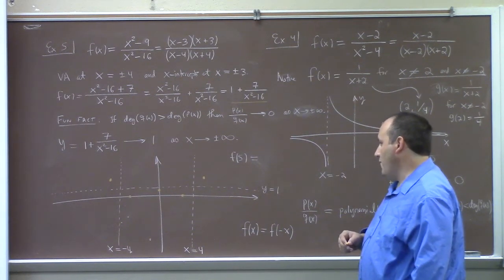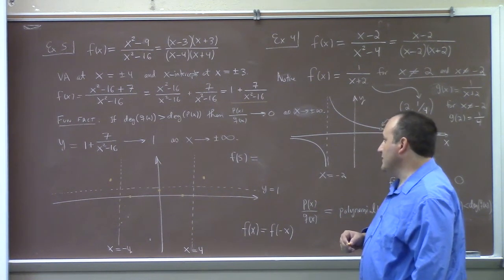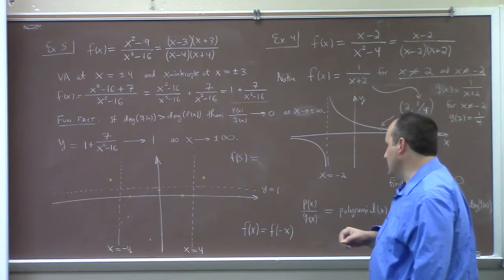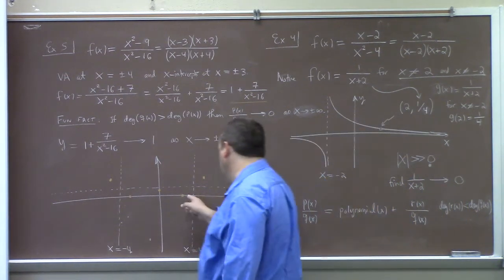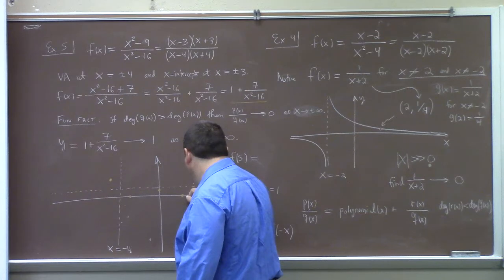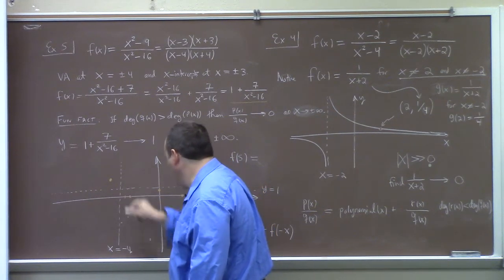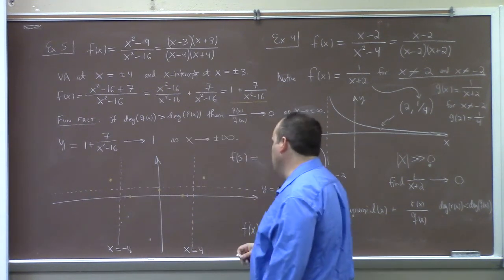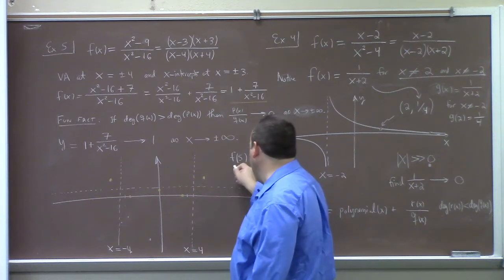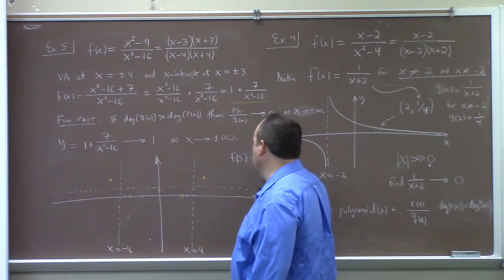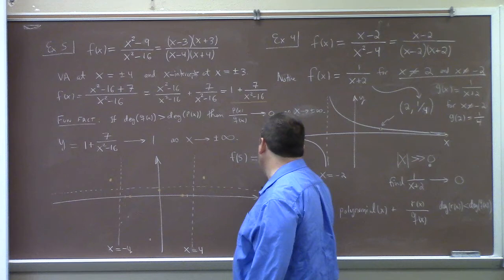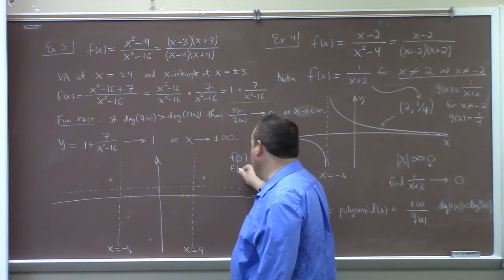And what happens if we plug in, I'm curious what happens right in here. What value should I test there? So f of 5 was like 1 plus 7 ninths. What's f of 3.5?